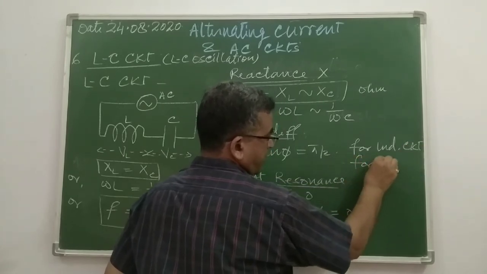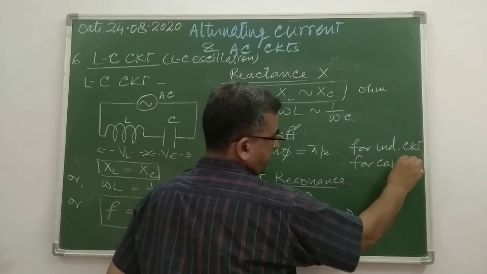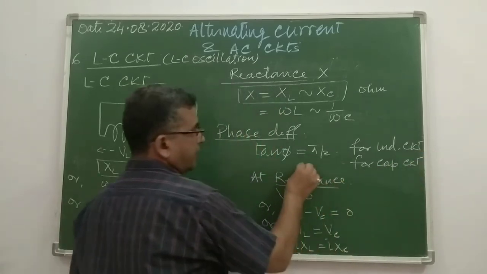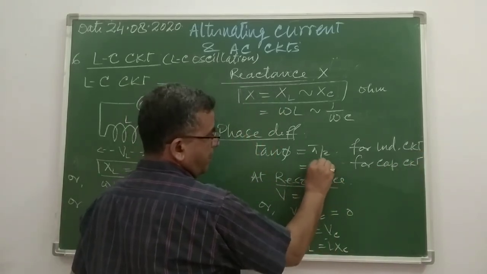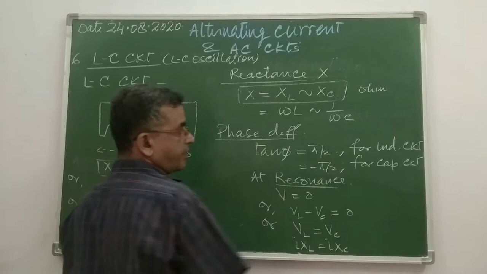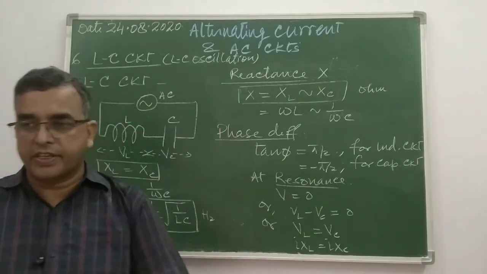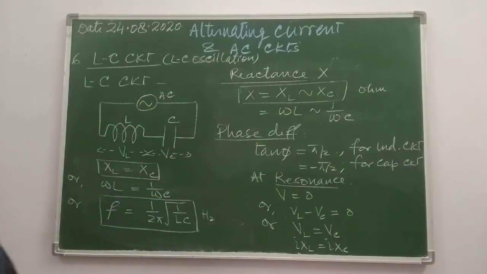For capacitive circuit, this will be minus pi by 2. So this is the phase difference in the circuit.